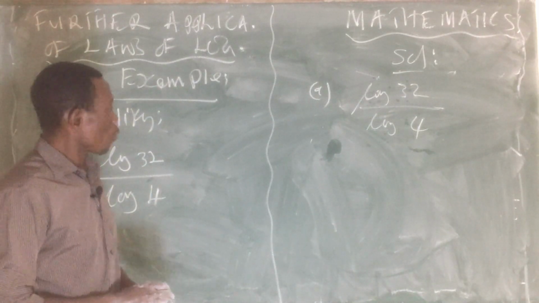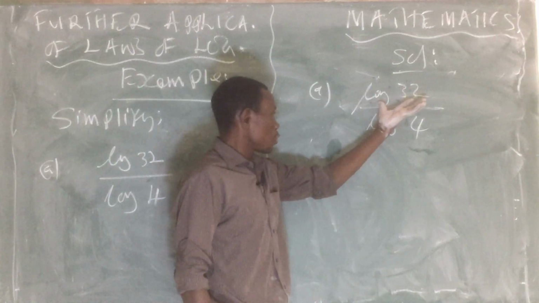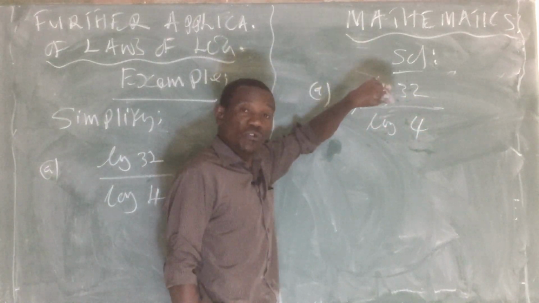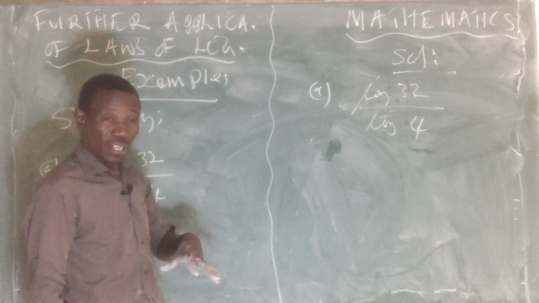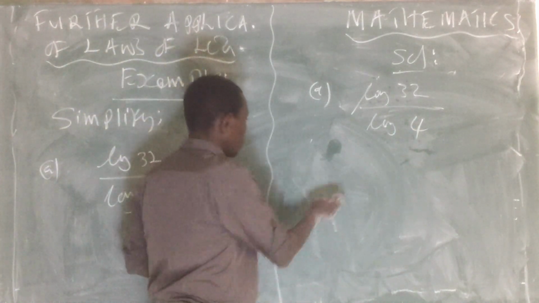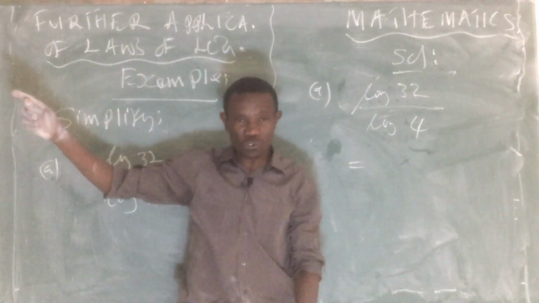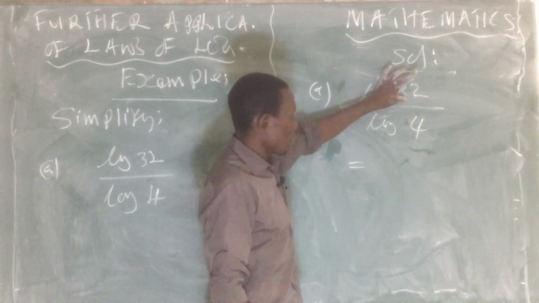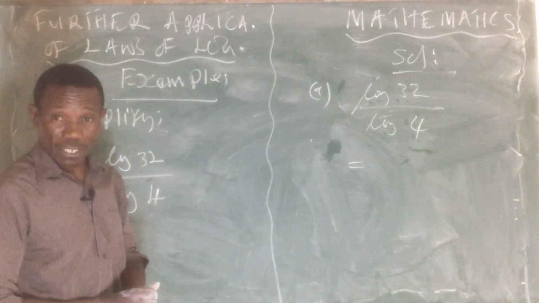So what is required here is a matter of looking at each expression, numerator and denominator, one at a time, and taking them into the laws of logarithms. What do the laws of logarithms say? From those, you'll be able to get an idea on how best you can handle this. Say, for example, if I consider log of 32, by the laws of logarithms, I'll be able to take that this logarithm of a number 32 is of that category whose bases are not indicated.